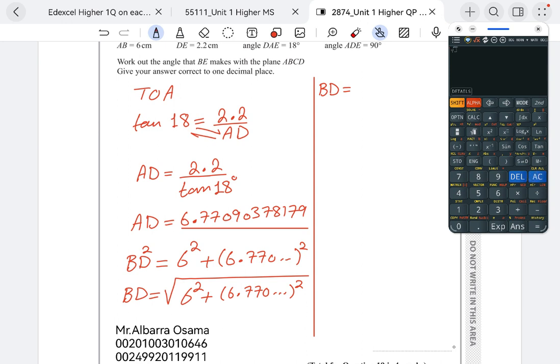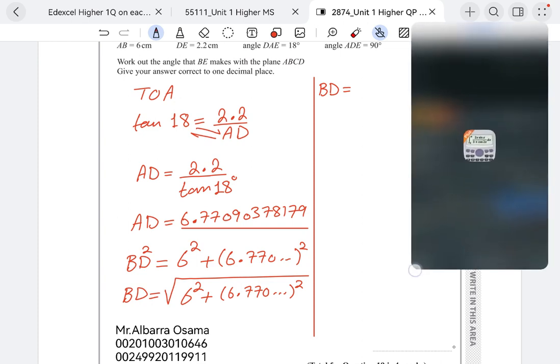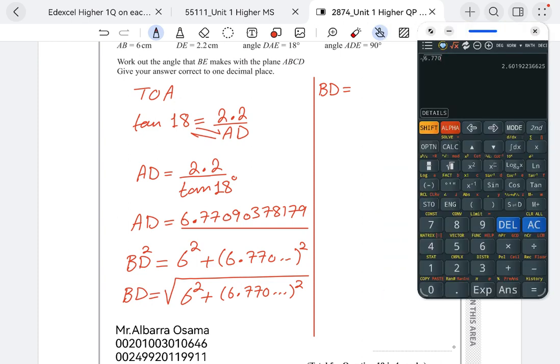Square root of 6.7709037817 squared plus 6 squared. The answer is 9 point something, which is 9.0468 and so on. This is BD.